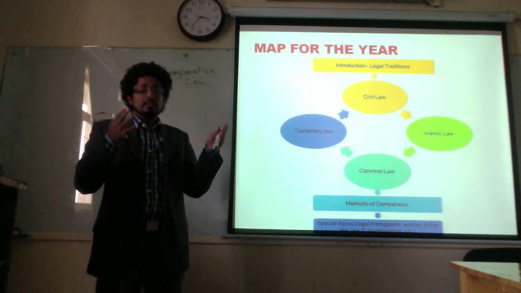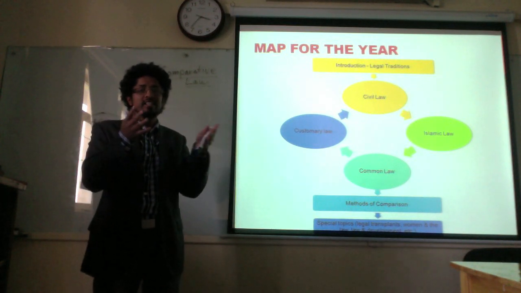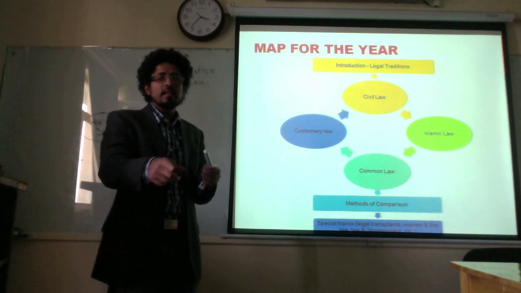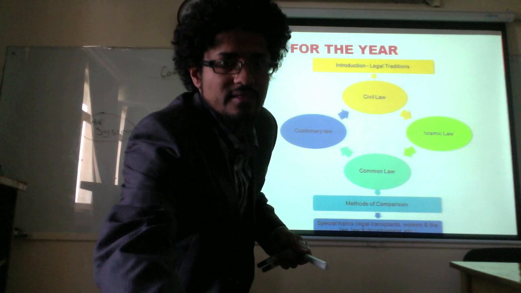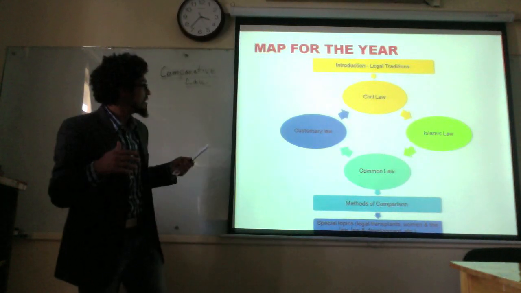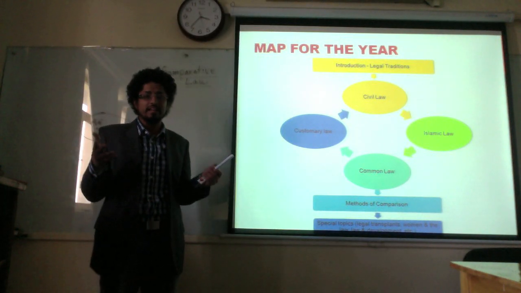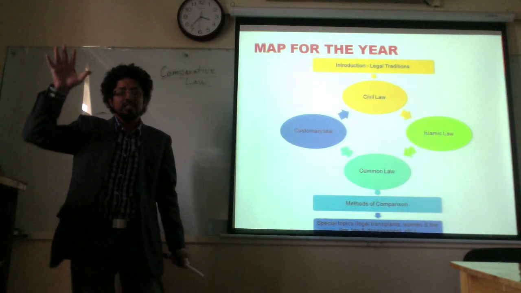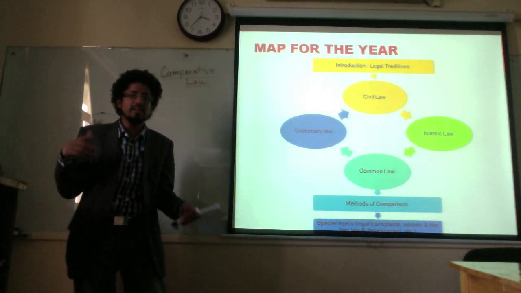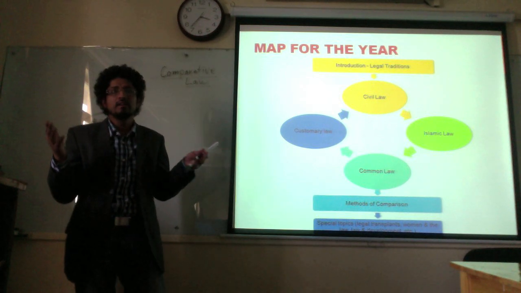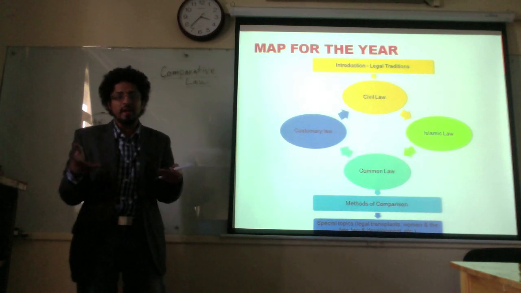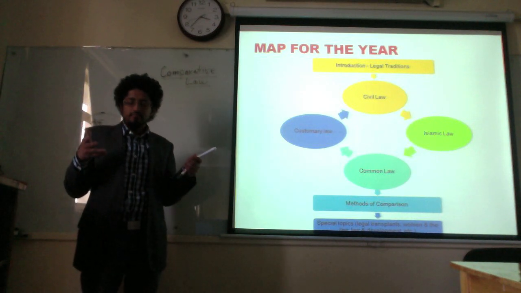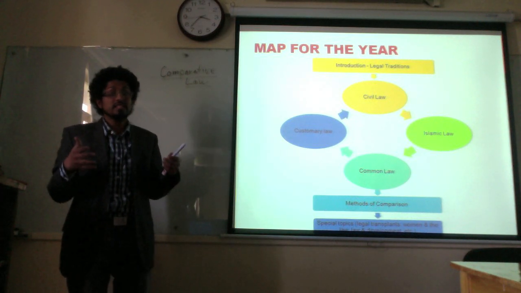So that understanding of Islamic law that's been developed over the last 1,400 years has been impacting the way our legal system operates here in Afghanistan. The same thing when we talk about the civil law tradition.